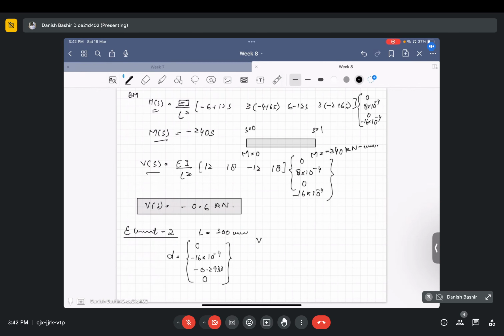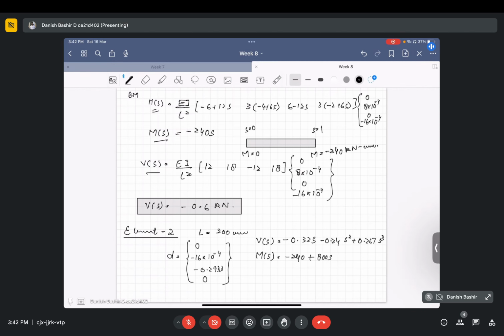For displacement, V of S is equal to minus 0.32 S minus 0.24 S square plus 0.267 S cube, and the moment we will get to be M of S equal to minus 240 plus 800 S.